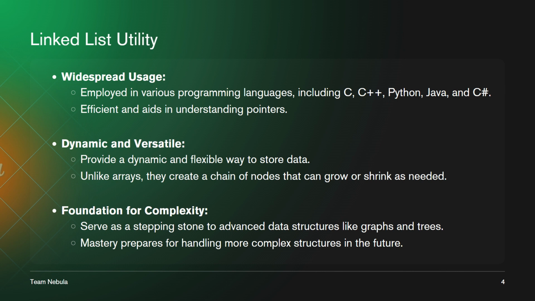Unlike arrays, where elements are stored in fixed positions, linked lists allow us to create a chain of nodes, each holding a piece of data and pointing to the next node in the chain. The best part is that linked lists can grow and shrink as needed. This makes them very versatile for different situations.